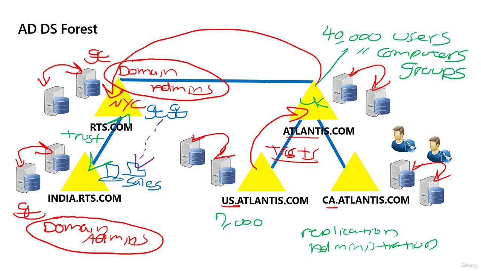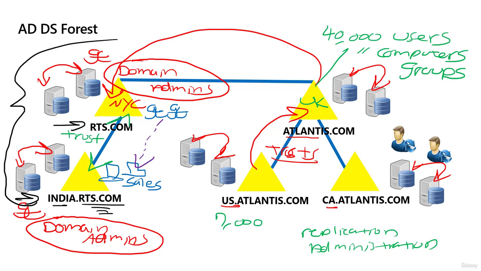When you look at this graphic, we have rts.com and I have india.rts.com. With the India, just rts.com is just appended to the back of it. This is a tree. The rts.com tree. A tree is a parent domain and any child domains associated with it.